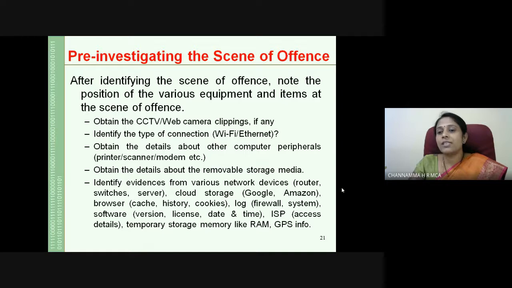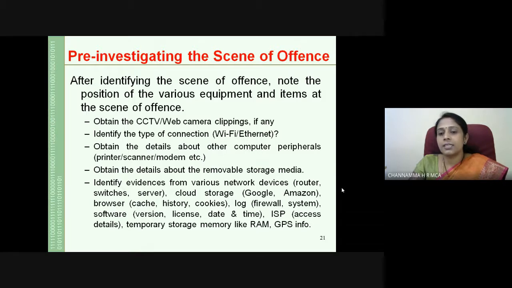Log files are an important digital evidence for any crime, like firewall log, system log, or application log. For each and every application we will have a log. If it concerns software, what is the version of the software, whether it is licensed, or on what date it was installed. All these become digital evidence.